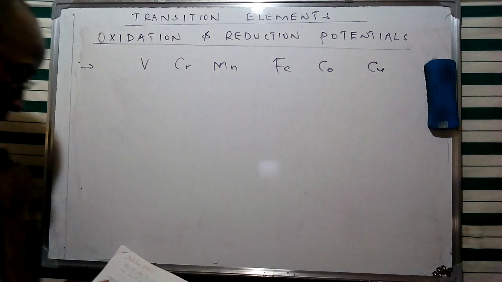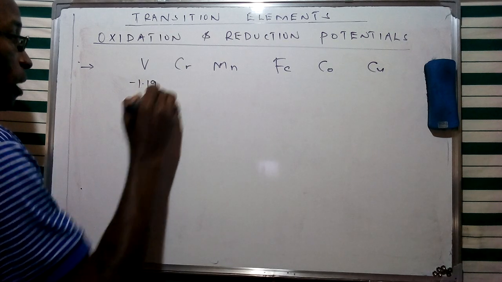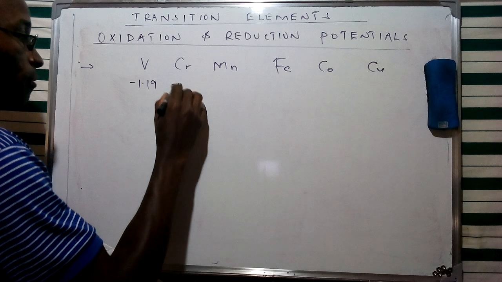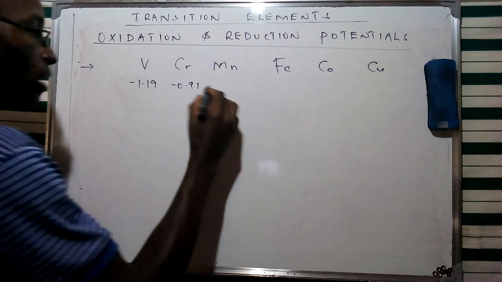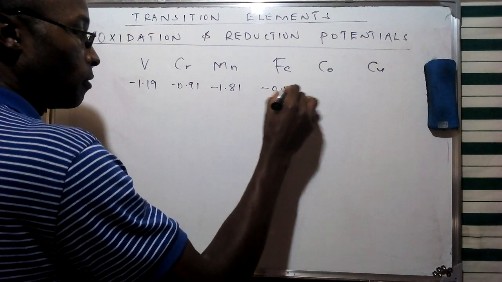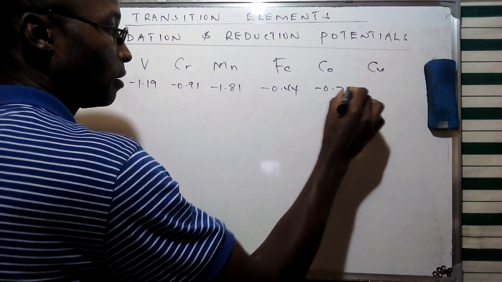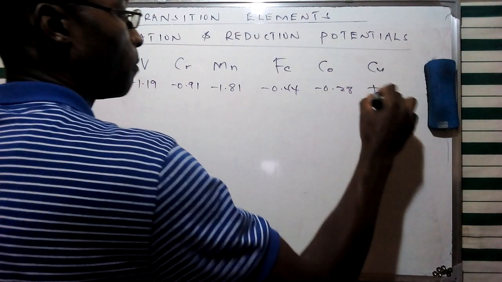So I'll give the various reduction potentials. This one is -1.19, and then we shall have -0.91, and then -1.81. Then we shall have -0.44, and then -0.28, and then lastly we're going to have +0.34.